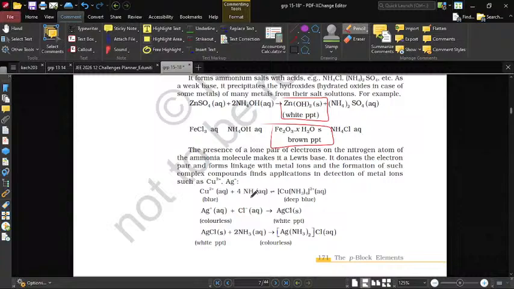The presence of a lone pair of electrons on the nitrogen atom of the ammonia molecule makes it a Lewis base.